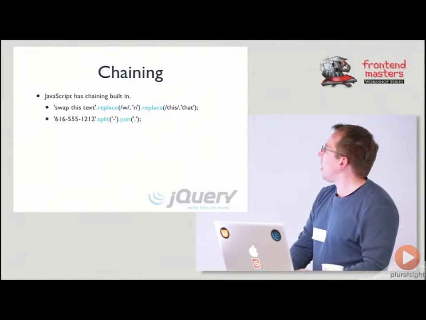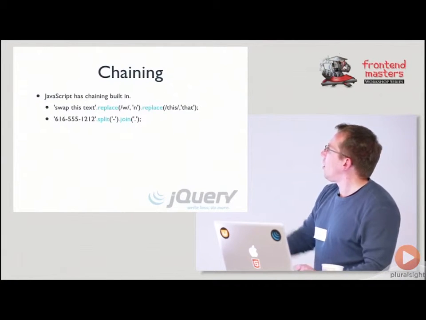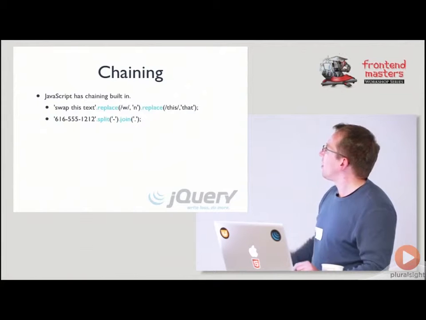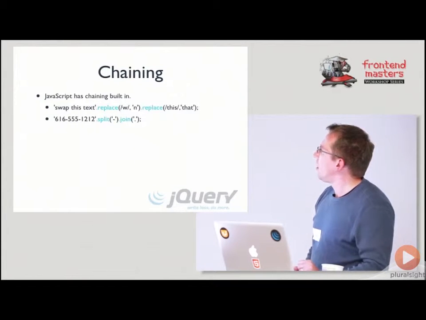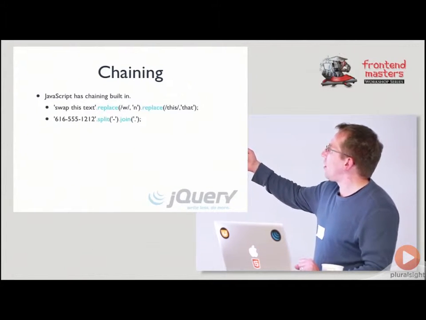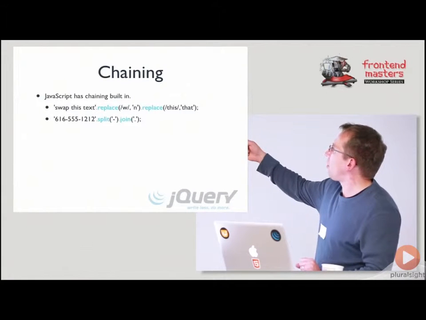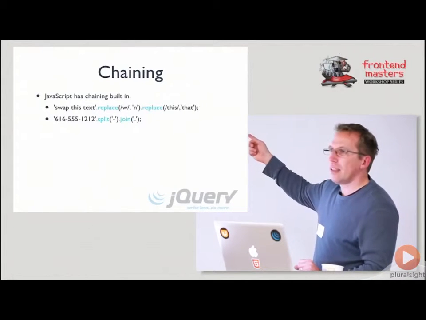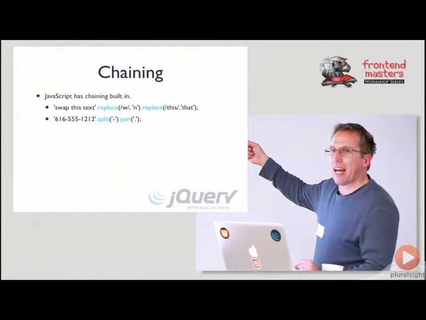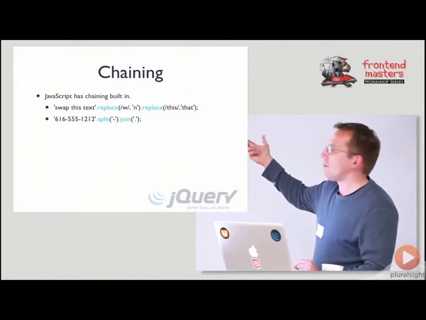So what would the first one give you anyway? Do you know? First, we're replacing all W's with, no, we're not. We're only replacing the first W with an N. And we're replacing this with that. So change it to snap that text, right? All right.